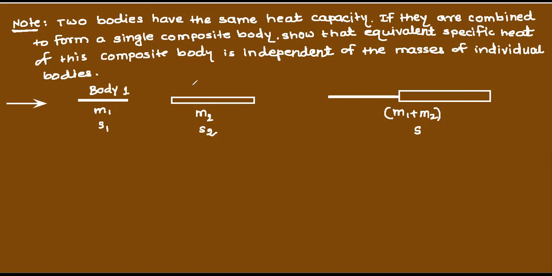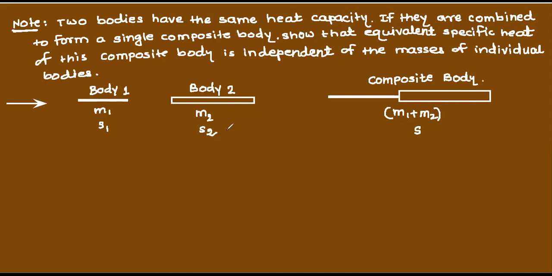Body 1, this is body 2, and this is the composite body. Composite body means which is made up of 2. Something I have taken like this example.